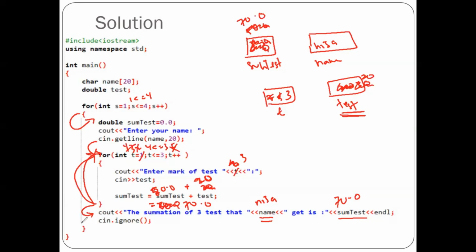So, dia akan naik balik. Sekarang S jadi berapa guys? S akan jadi 2. 2 less than 4. Adakah 2 less than or equal 4? True or false? True. Bila true, dia akan jumpa di statement. Ini dia kata updating the sum test equal to 0.0.